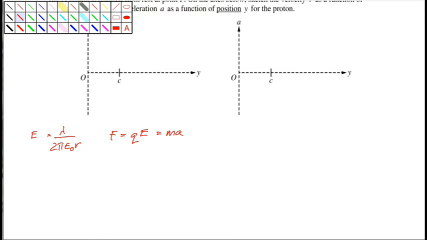So we can rearrange this a little bit, and what we wind up getting is that a is equal to QE divided by m, and that is going to end up equal to q lambda divided by 2 pi epsilon naught m times r.